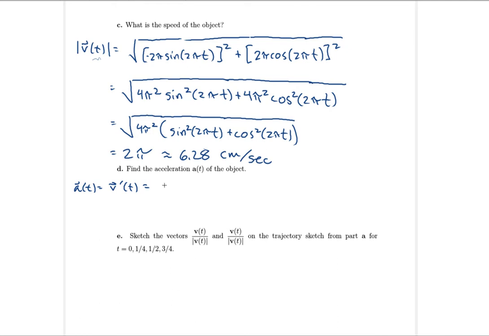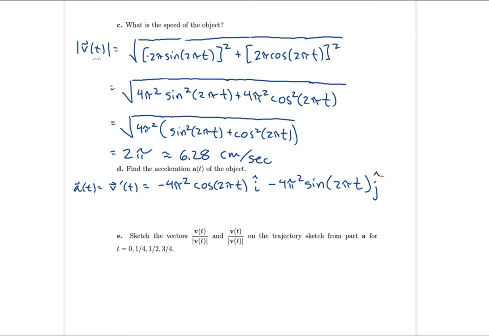So I'm going to have negative 4 pi squared, and then it's going to be back to cosine 2 pi t. That's my i component. And then I'm going to have negative 4 pi squared sine 2 pi t, because the derivative of cosine is negative sine. That's my j component.